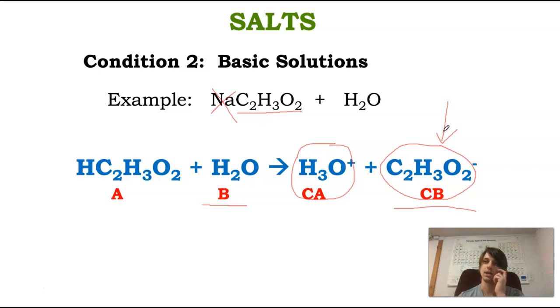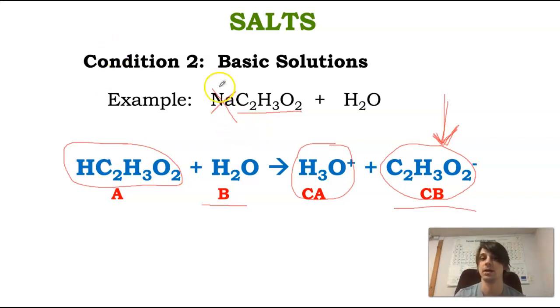Because technically it is a base. Now, as you can see, I'm not adding this to water. So the water isn't going to become acidic. I'm only adding this to water. Okay, I'm only adding the conjugate base of this weak acid, which again, it's a conjugate base of a weak acid. Therefore, it's a somewhat strong base, and it has its own Kb value, okay, that I can get from the Ka value.